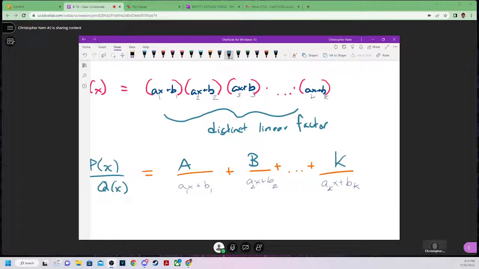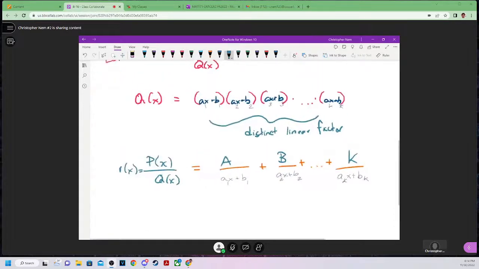We might run out of letters, I'll be honest, but the idea is that we're going to have a huge number of linear factors. If we have a huge number of linear factors, that's how many fractions we're going to break it up into. Now your book uses a sub 1, a sub 2, a sub 3, all the way to a sub k, which is more precise. But I'm going to put down a, b's, all the way to k's, just to give you the intuitive idea.